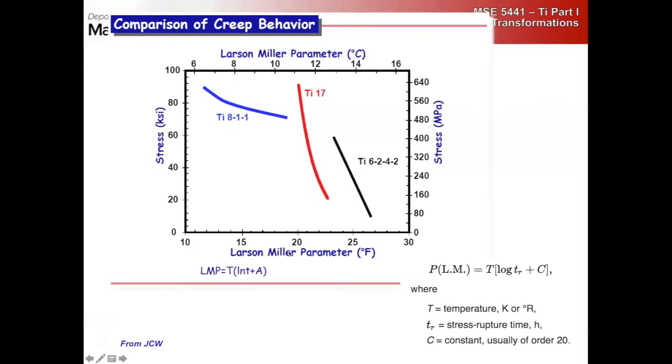So what people typically do is then calculate the Larsen-Miller parameter as a function of stress, right? And then essentially you have everything you need, right? If you know what the constant is, you can then look up the Larsen-Miller parameter and for a given temperature get your time to rupture, service life, right?